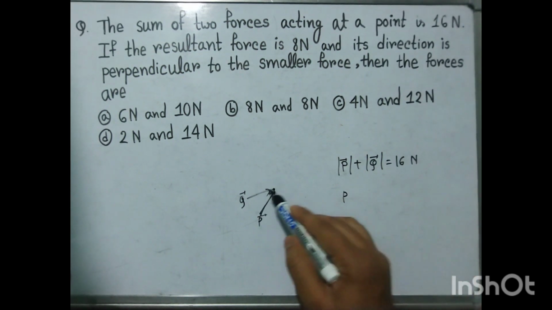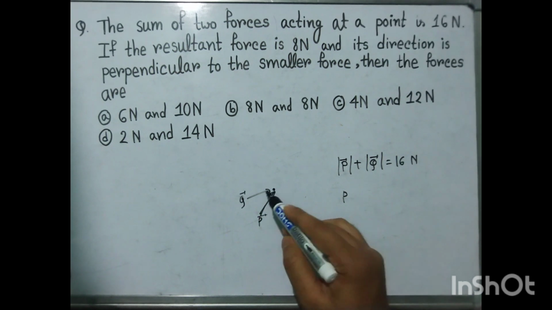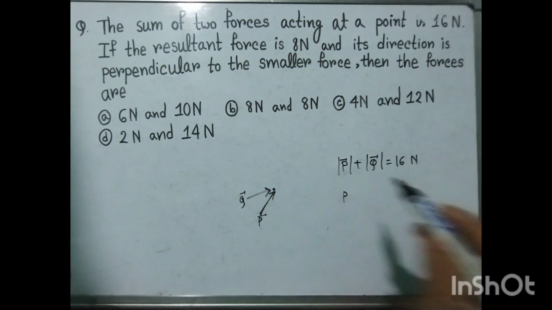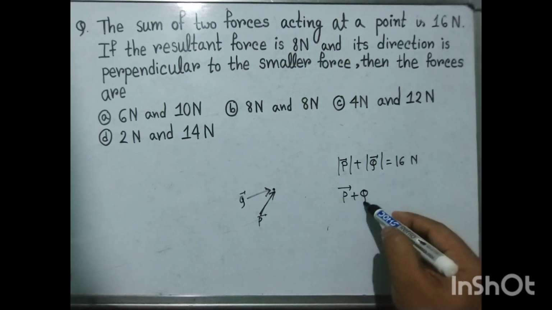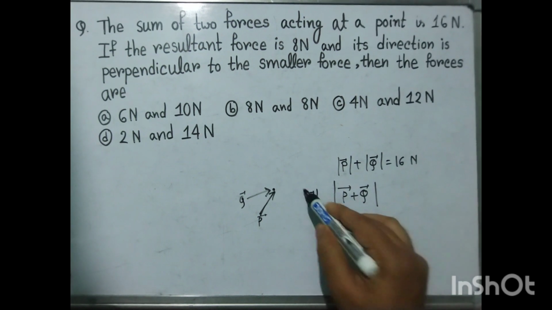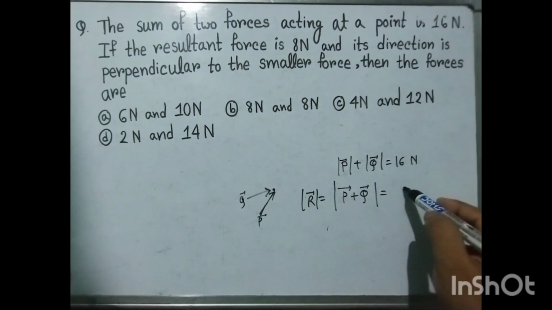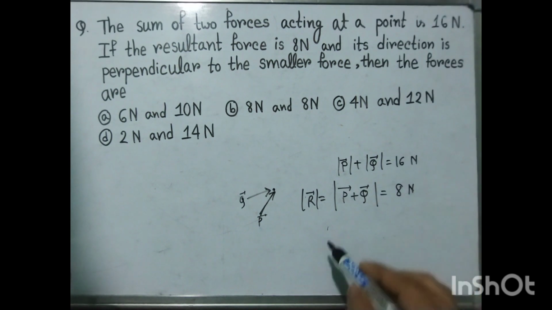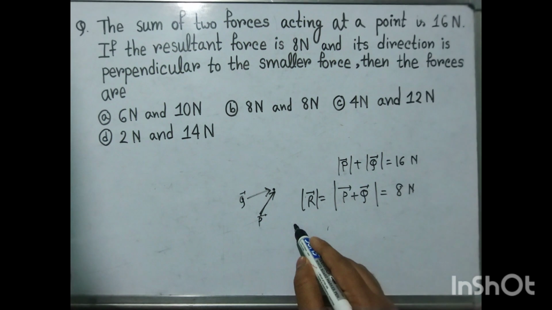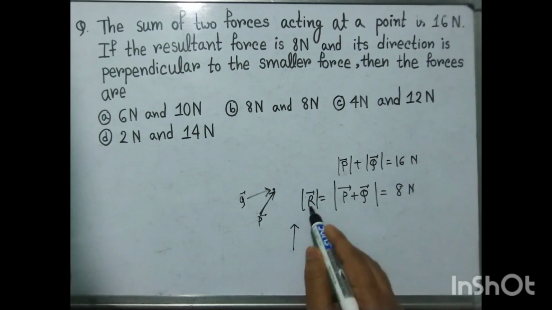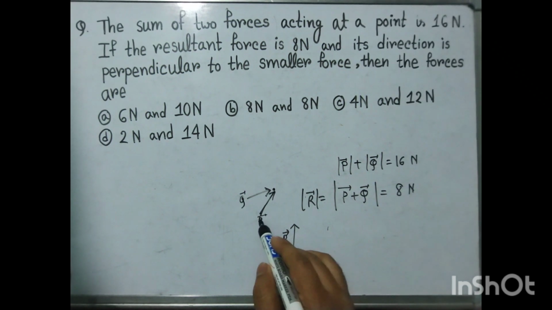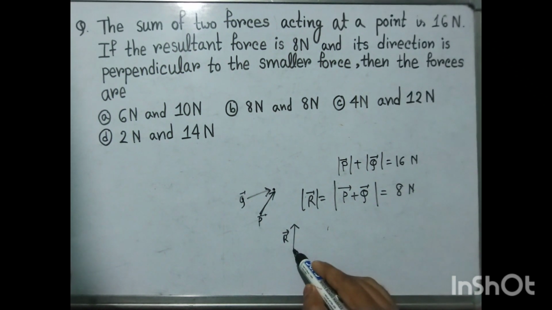So if you add these two vectors according to the law of vector addition, you will get the resultant vector, and the magnitude of that resultant vector will be equal to 8 Newton. Another piece of information given is about this resultant r vector: p vector is smaller.